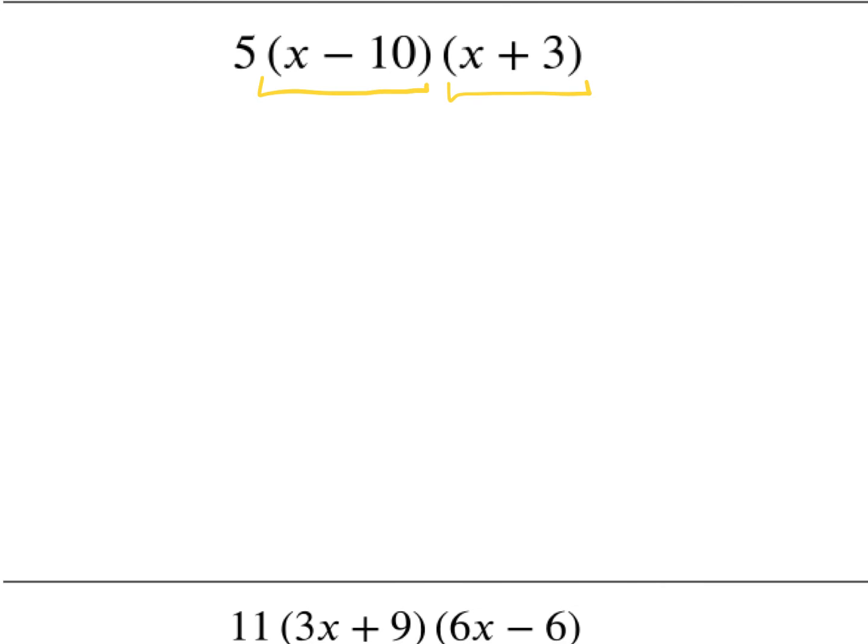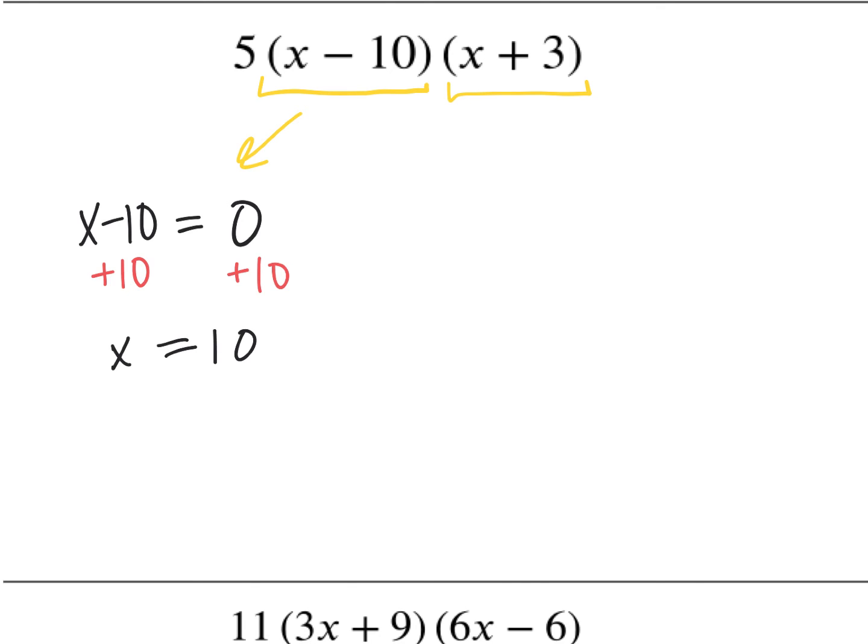Okay, so let's take x minus 10 and we're going to make it equal 0. So to solve for x, we just do the opposite of subtraction. We add 10 to both sides, and we get that x is equal to 10. So the x-intercept, or the solution on a graph, would be 10, 0.